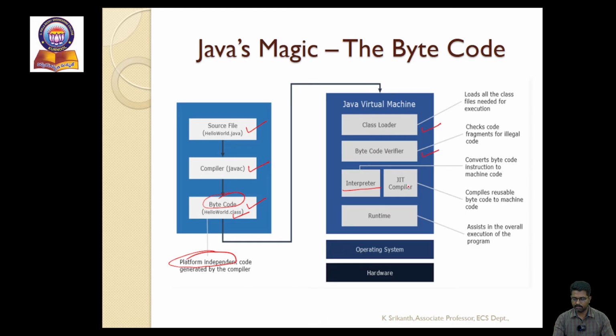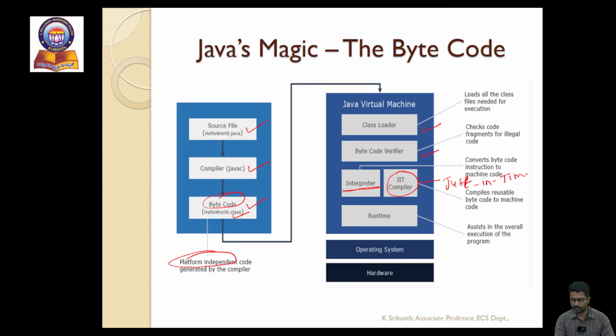And there is a comment that Java language is slower compared to C or C++ language because it uses an interpreter where line by line execution happens. Further, the inventor James Gosling introduced one more component called the JIT compiler, which stands for just-in-time compiler.